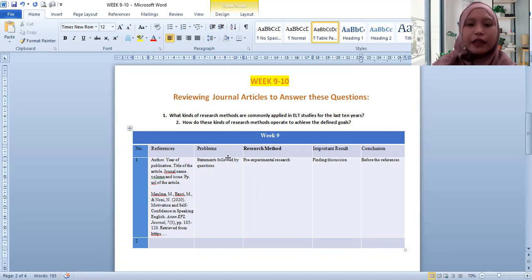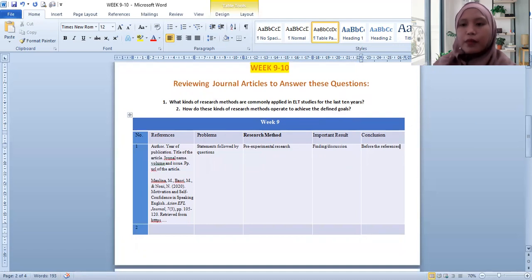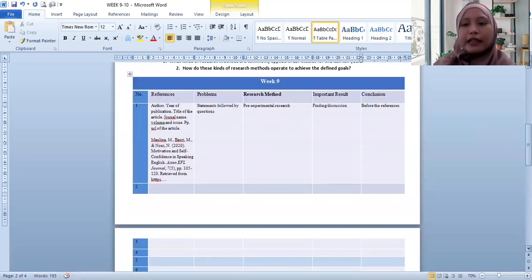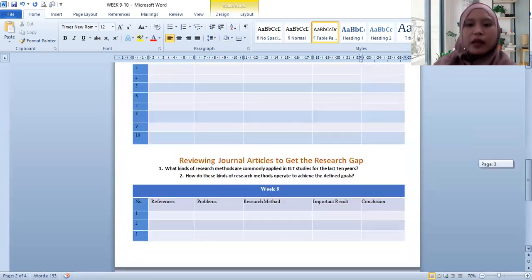After you fill this out, we are going to have a question and discussion session next week. Then we are going to transfer it into paragraphs, and we hope our article to answer this question can be submitted, not published, before the end of our course on research methods on ELT, a program by Pembelajaran Jarak Jauh Kemendikbud 2021.